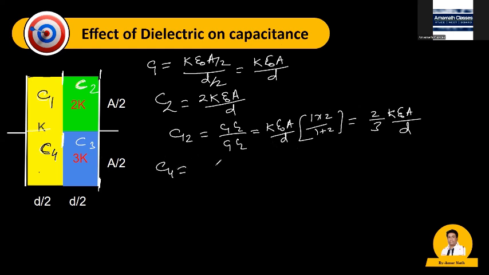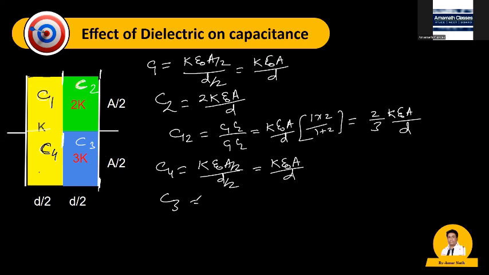Now what is C4? C4 is nothing but K epsilon naught A by 2 over D by 2. So it is nothing but K epsilon naught A by D, the 1 by 2 and 1 by 2 get cancelled.